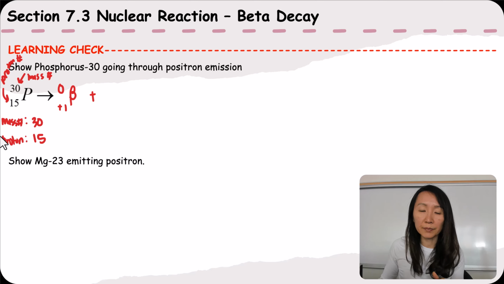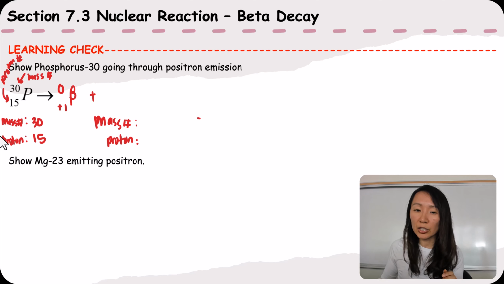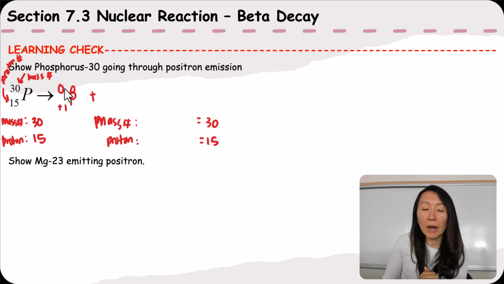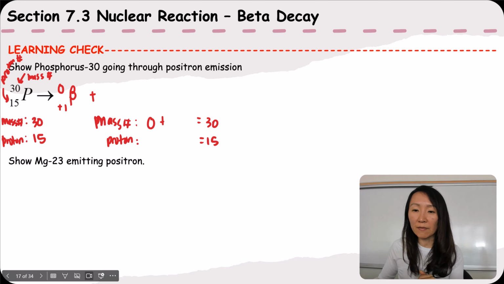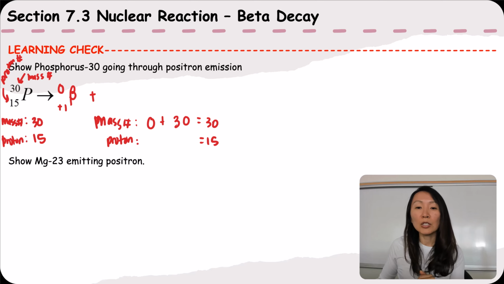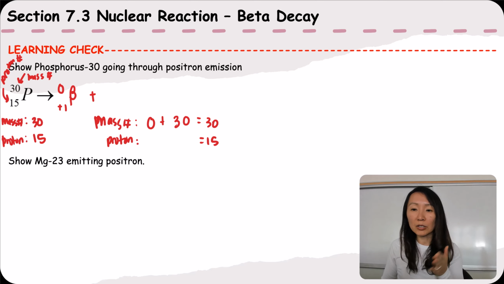On the product side, the mass number and the proton number, when you add them all together, should equal 30 and 15, mass to proton respectively. Since we have 0 mass for the beta, we'll put 0 plus whatever needs to go here to make it equal 30. Hopefully you were able to easily find that out, which is 30. So 0 plus 30 is 30.